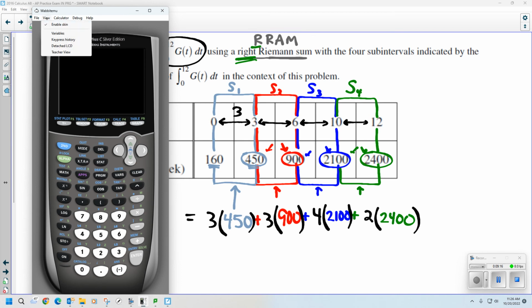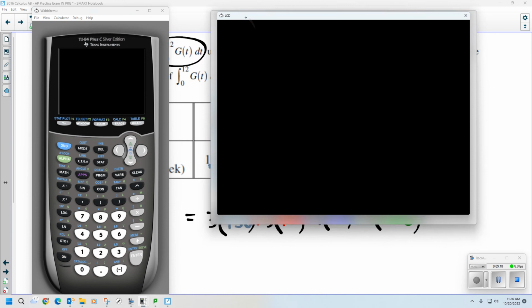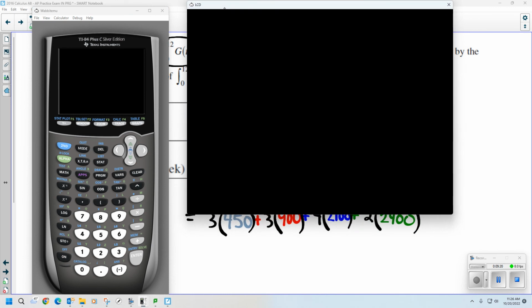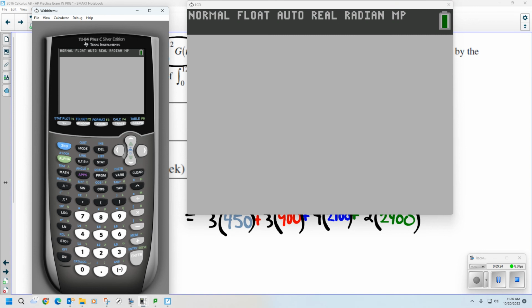Here we go. View, detached LCD, and I am going to turn this on and add that equation that I've written that's just cut off at the bottom there. I'm going to take 3 times 450 plus 3 times 900.